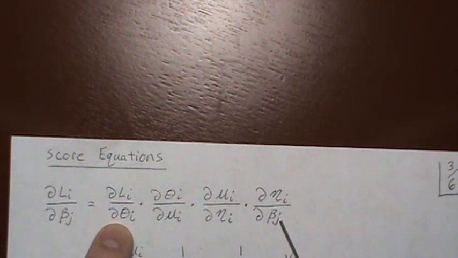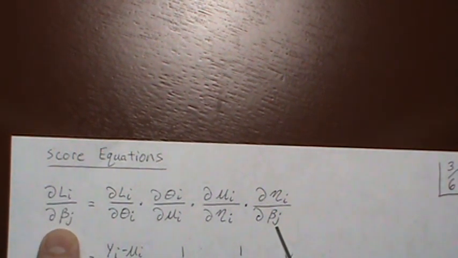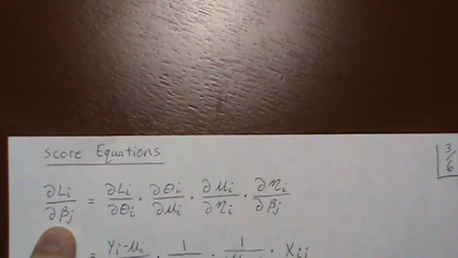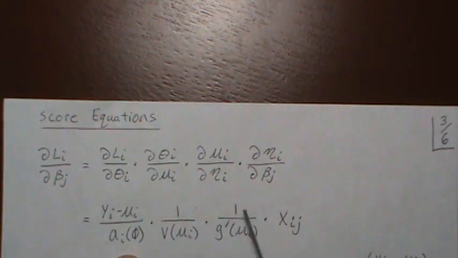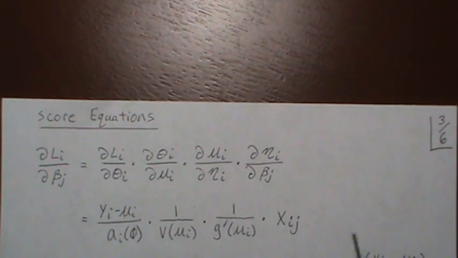And then somehow you have to connect the dots from this one to this one. And so, if you do it this way, then this chain ends up just being this right here, which is what we wanted. And we took the partial derivatives of all these on page 2, and if you just put them together, that's what it is.